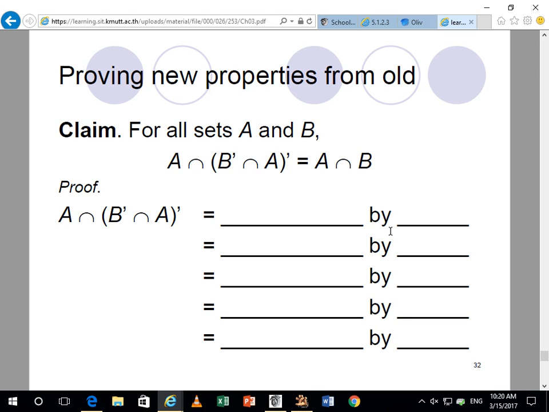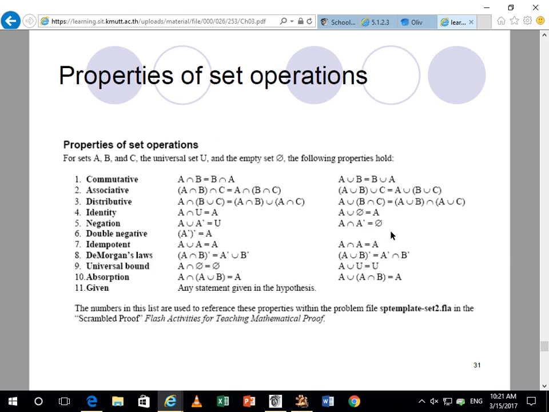We want to show basically that this somehow equals B. So what's the first step? De Morgan. Okay? De Morgan involves this and a complement, right? If you go back here, De Morgan's law, A intersect B complement equals A complement union B complement. So let's fill that out.